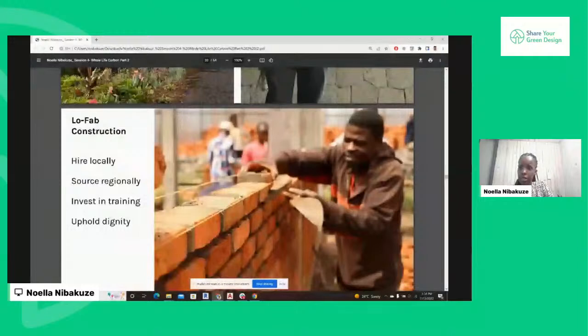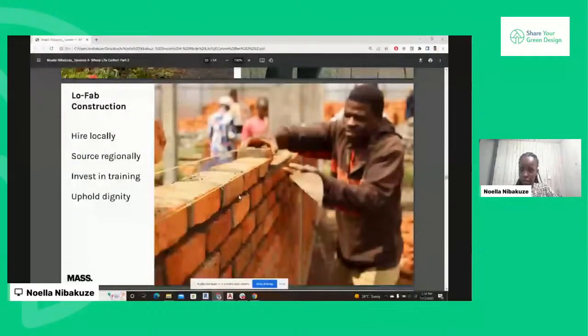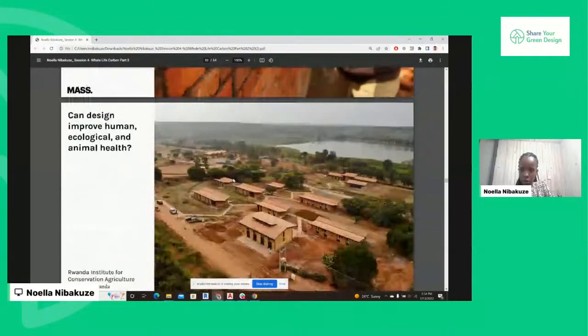How did you achieve that? We hired locally, sourced regionally, and invested in training, resulting in upholding dignity. So this is what we call low fab construction. We realized that local fabrication construction easily leads to reducing embodied carbon and operations carbon as well, which I will touch on next.